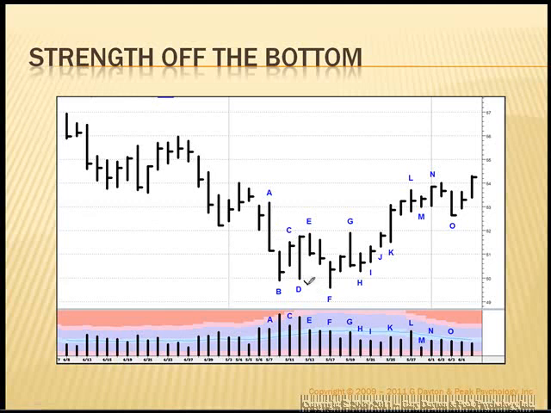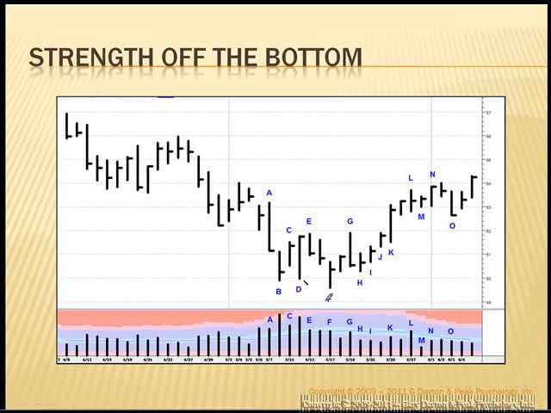All right, tell me what happens on bar D. This is interesting, isn't it? This is very interesting. What's happening? How do we describe this? Closing on its highs with an increase in volume after testing the lows of B. Yeah, good, Kevin.